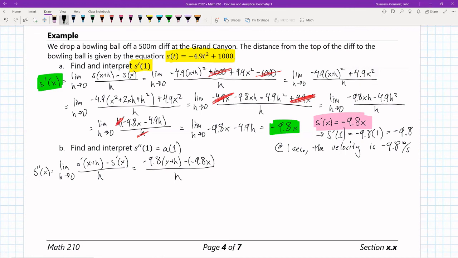Equal to the limit as h goes to 0 of negative 9.8x minus 9.8h plus 9.8x all over h. Again, look what happens: there's a positive one in the back, negative one up front.